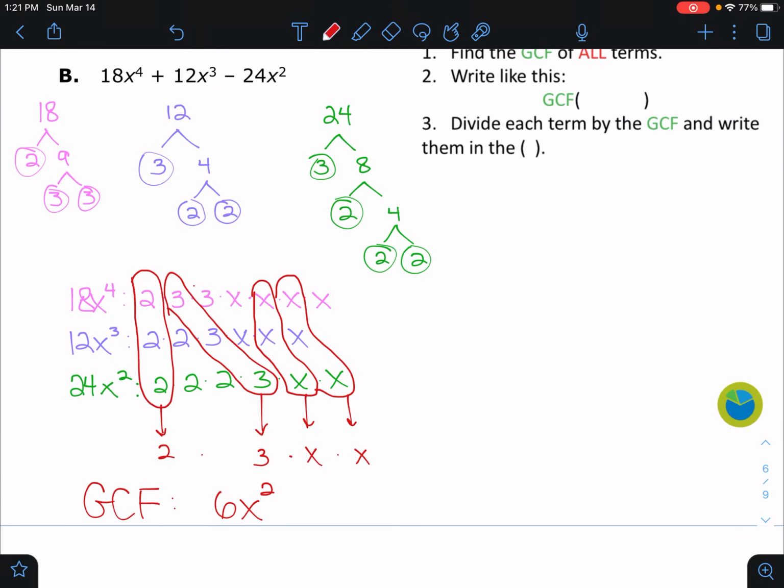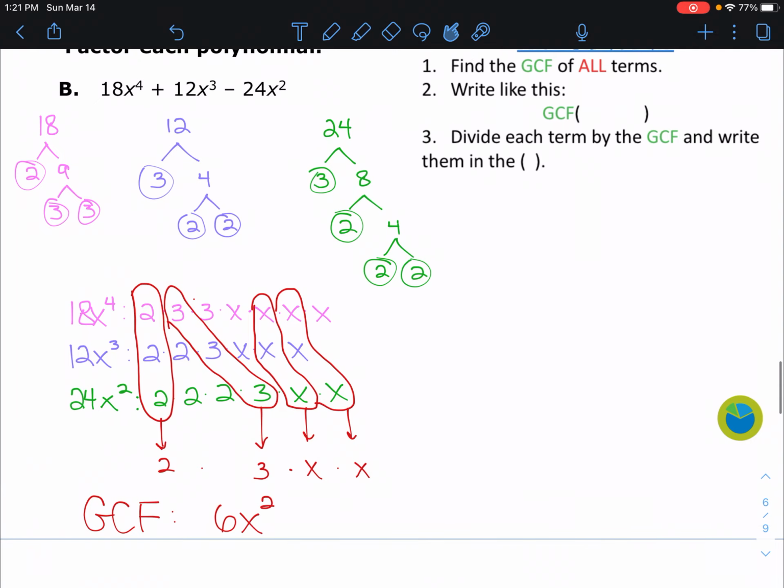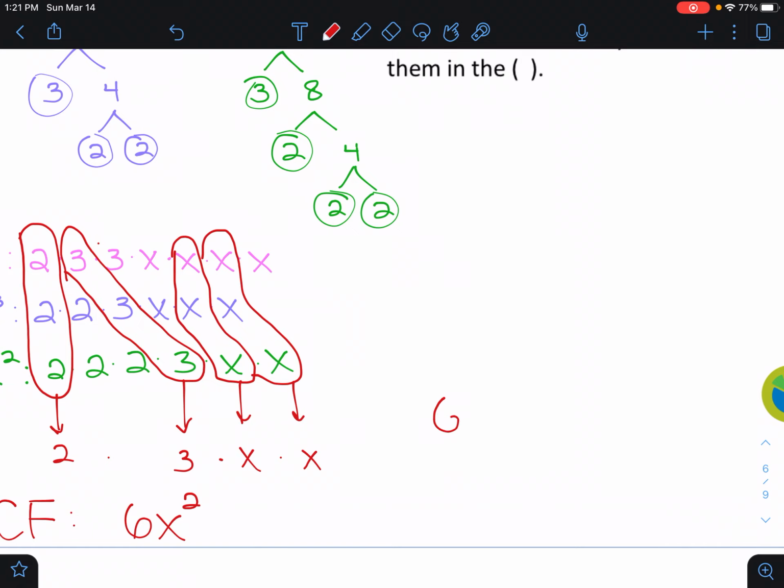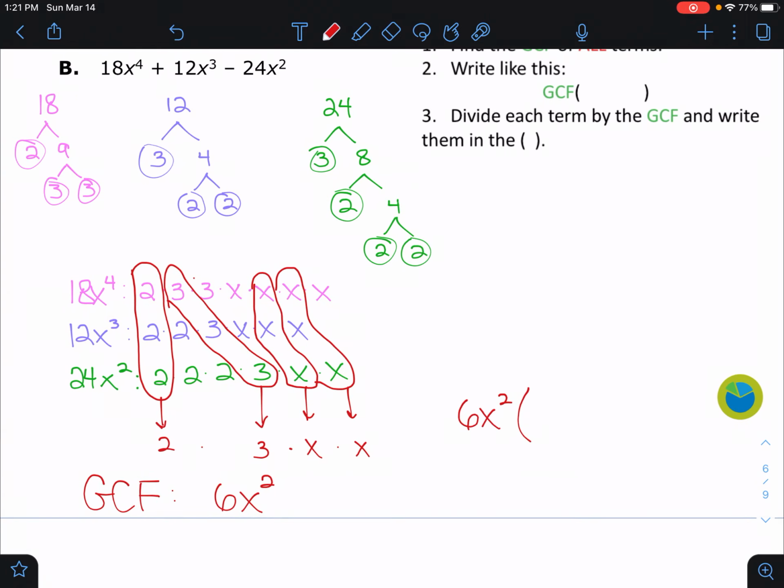So now we're going to do this one here, right? Write the GCF in front. So I'm going to actually just write it right here. 6x squared. Okay. And then I'll put the other parenthesis when I get there.